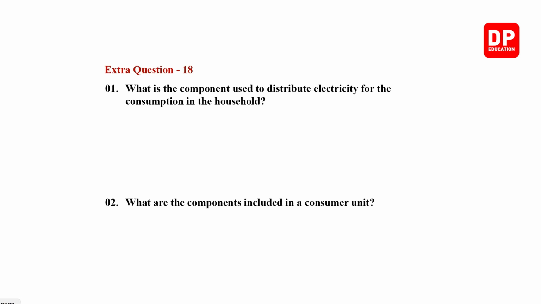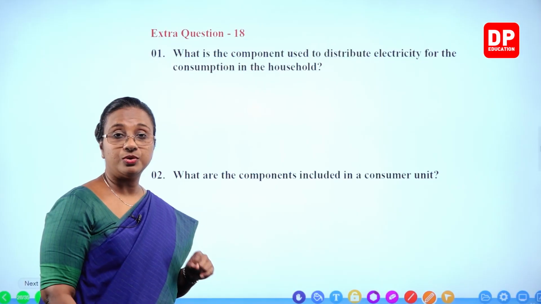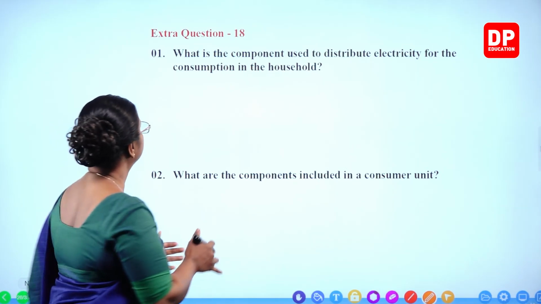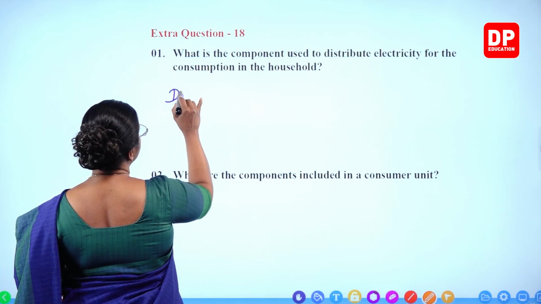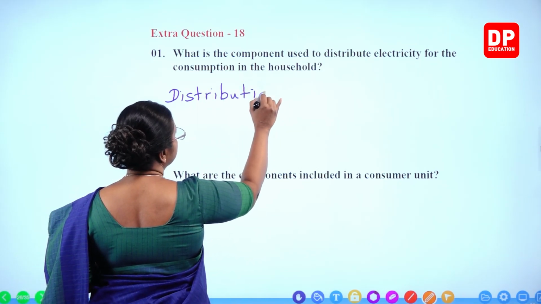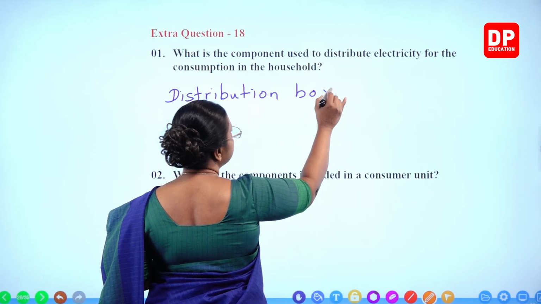Extra question 18. What is the component used to distribute electricity for the consumption in the household? In the household, to distribute electricity, we use the distribution box. Now you know the distribution box.